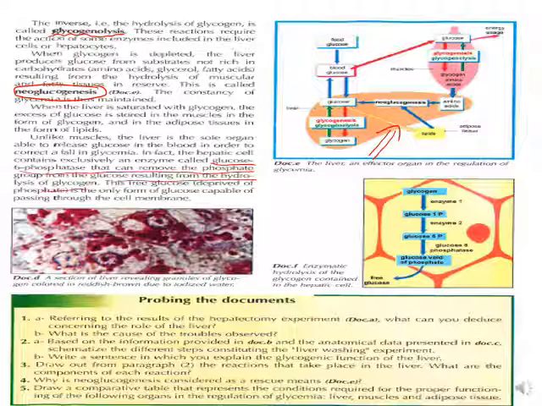Number 3, draw out from paragraph 2 the reactions that take place in the liver. What are the components? We have glycogenesis. We said the production of glycogen from glucose in the liver. Glycogenolysis, it's the lysis or the hydrolysis of glycogen, and it's reserved to produce glucose under the action of the enzyme called glucose 6-phosphatase in the liver.